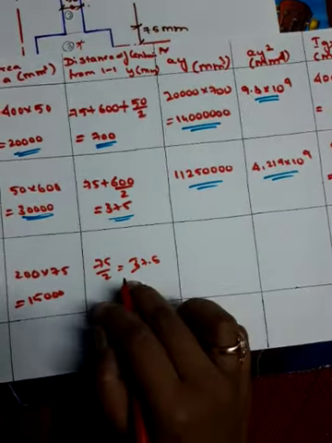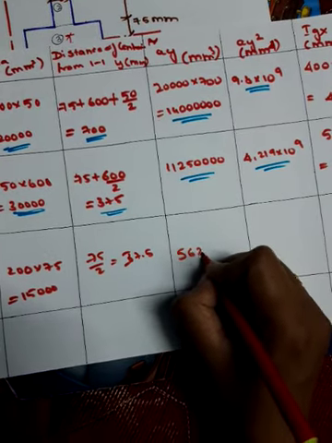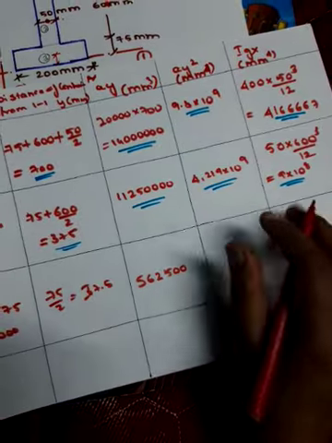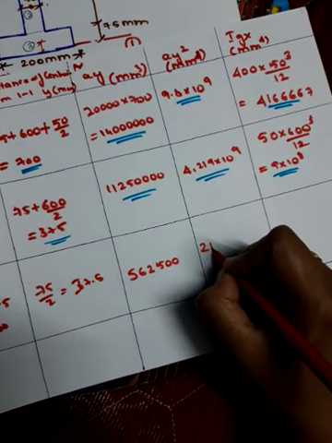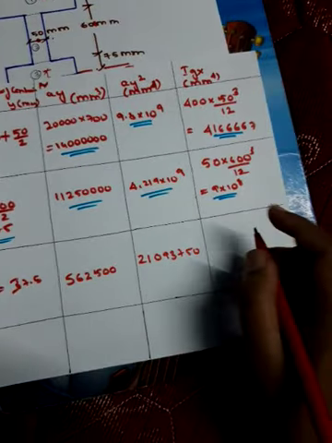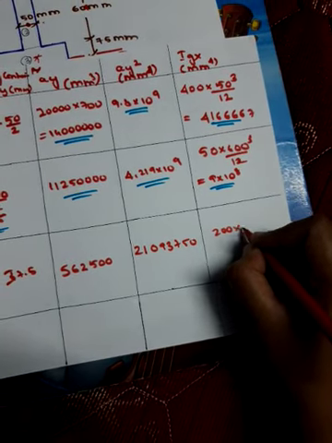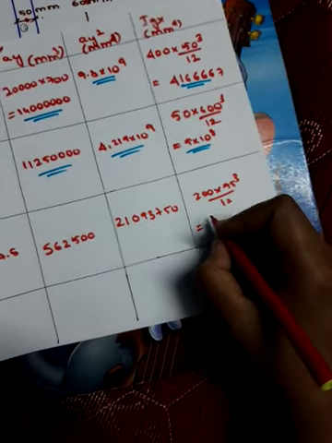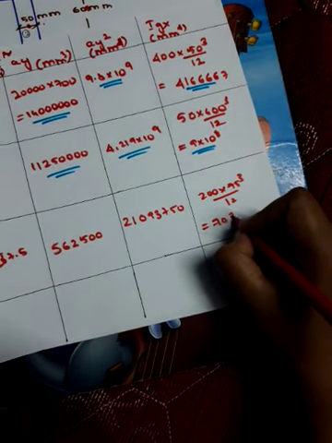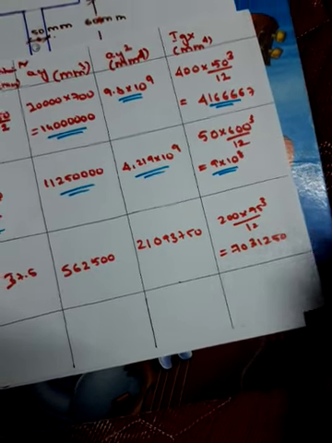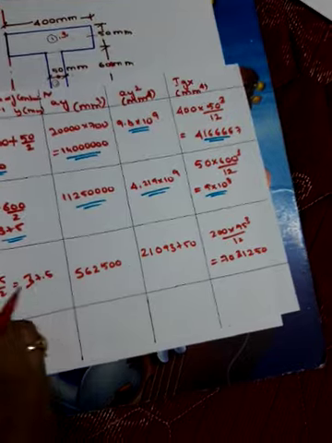Then A into y you have to do, 5,60,500, and this would be 210,93750. Now moment of inertia would be BD cube divided by 12, which is equal to 7031250.